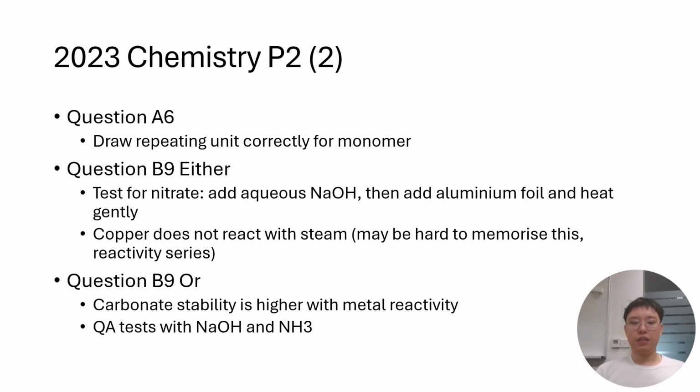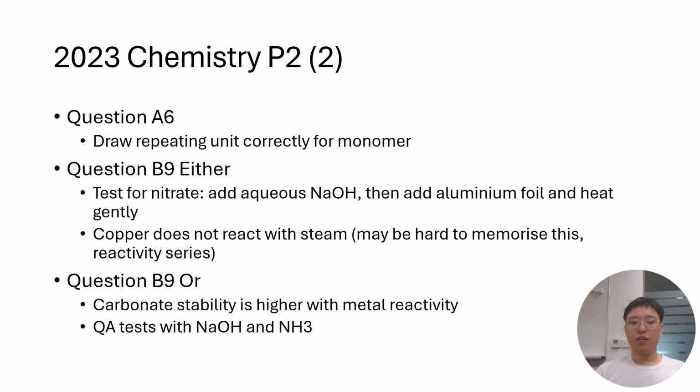For question B9 or, I found that it was even more difficult, especially the QA portion, which required pure memory because the QA tests were with NaOH and NH3 on 3 different ions. So I think that was a pretty big challenge, and I think I would have dropped most of the marks for that part question, which was worth 4 marks.